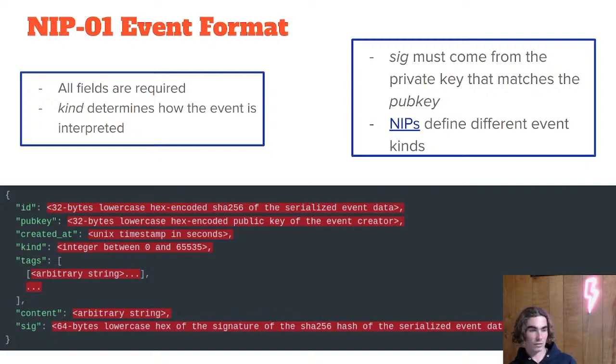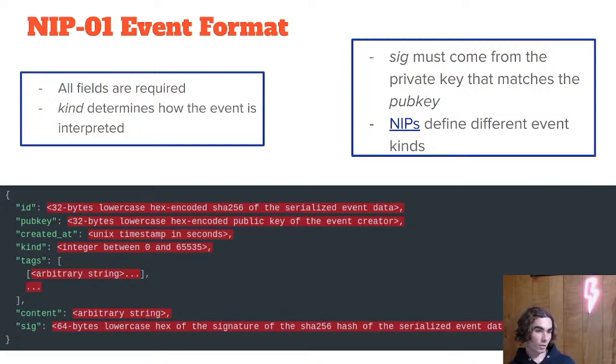Tags are sort of extra metadata about the events. Those just show you references to other events, or if there's a public key that's mentioned in the event, then you'll tag that there.